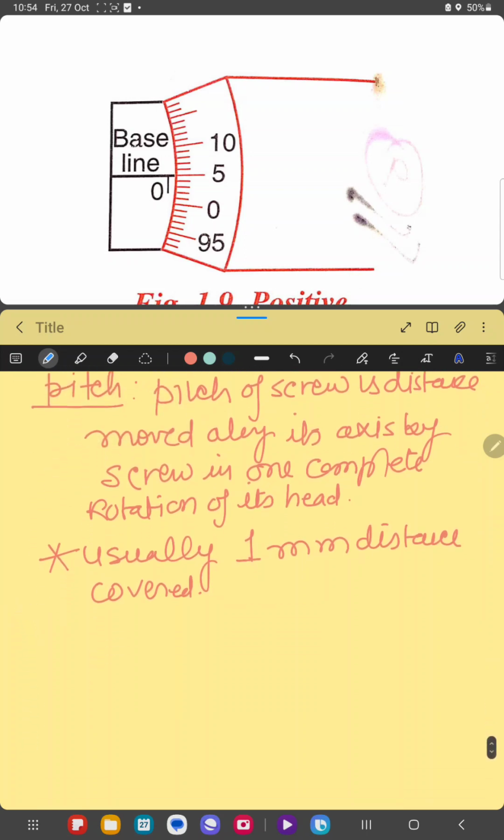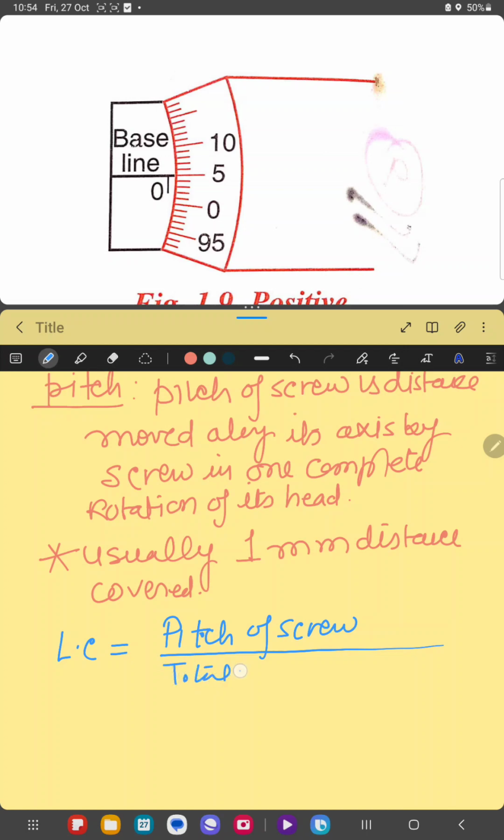Now let's take the least count. The least count is defined as the pitch of a screw divided by the total number of divisions on the circular scale.